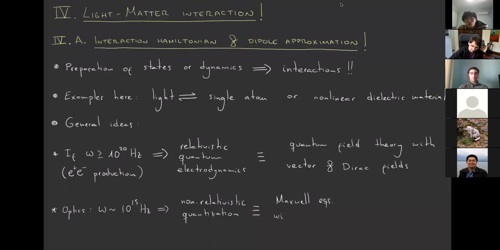But now the matter degrees of freedom, okay? So you would not quantize the Maxwell equations in vacuum, in empty space. You will do it in a space in which matter acts as a source of electromagnetic field as well. So you would need to consider the Maxwell equations with sources, okay?